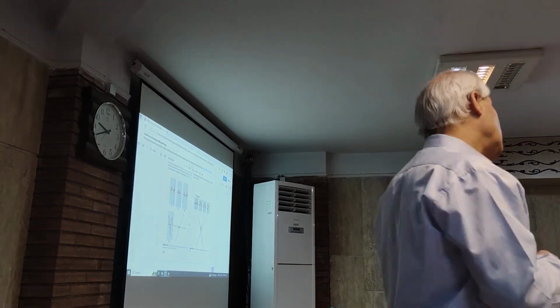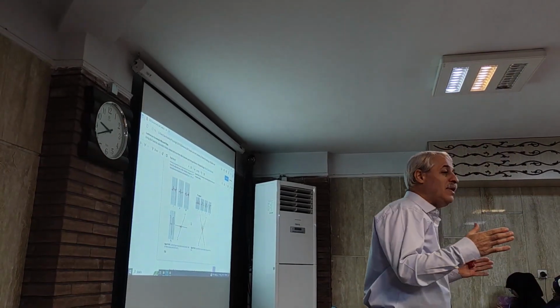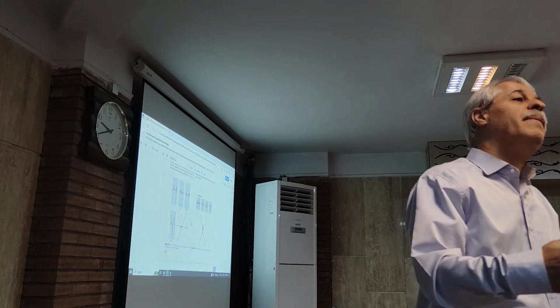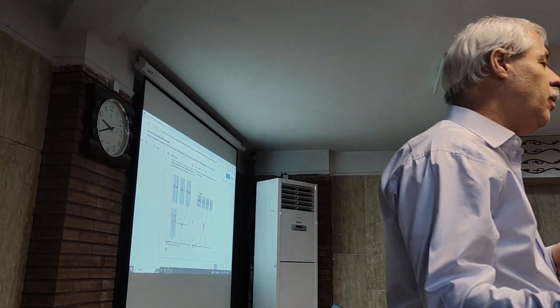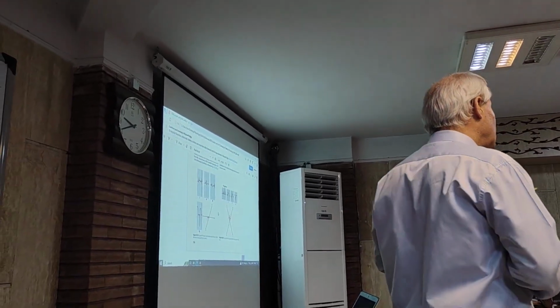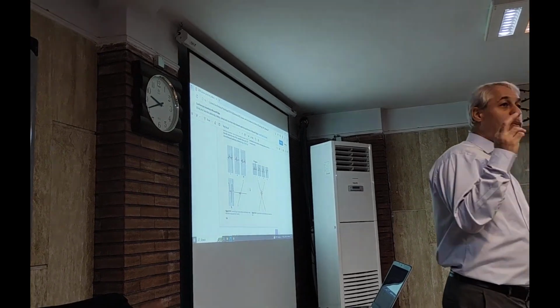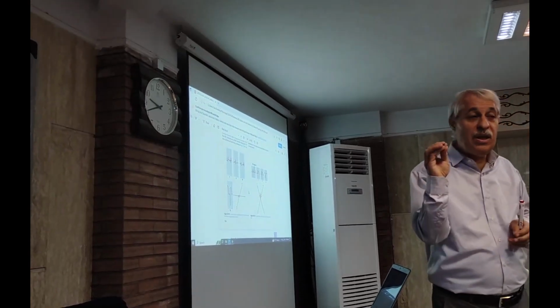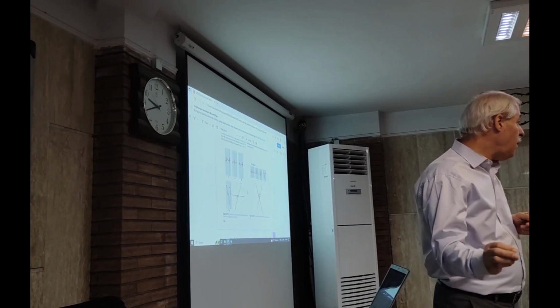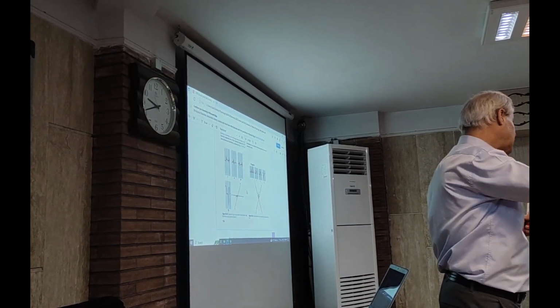T wave changes. See, now you have the sequences of depolarization and repolarization in the myocardium, in the heart. Repolarization starts in the ventricle from the apex to the base.